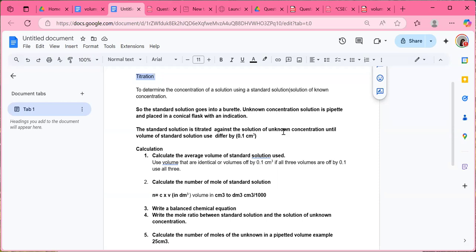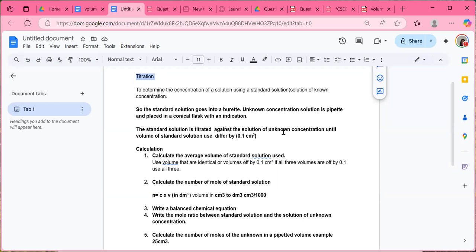Then we are going to calculate the number of moles of standard solution. To do that, number of moles is equal to concentration of solution in moles per dm cube times volume. If your concentration is not given in moles per dm cube, somewhere along the line you'll have to convert from grams per dm cube to moles per dm cube.